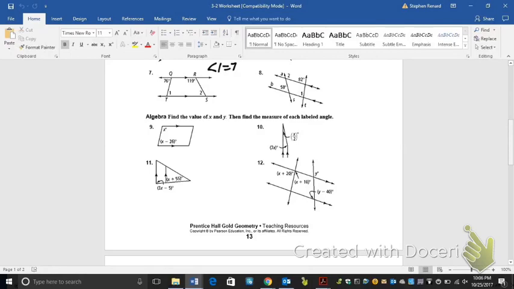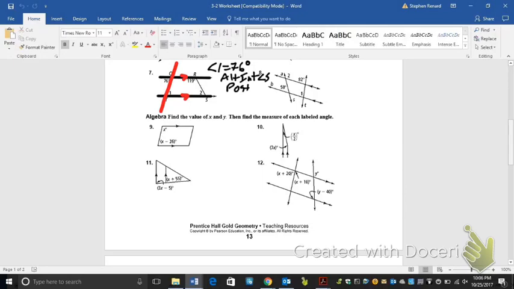So you want to sit there and you know that angle 1 is going to be 76 degrees because of the alternate interior angles postulate. Those are our two parallel lines, QR and TS. And then for this problem, we have Q and, I forget whether that's an O or a T. I think it's a Q though.